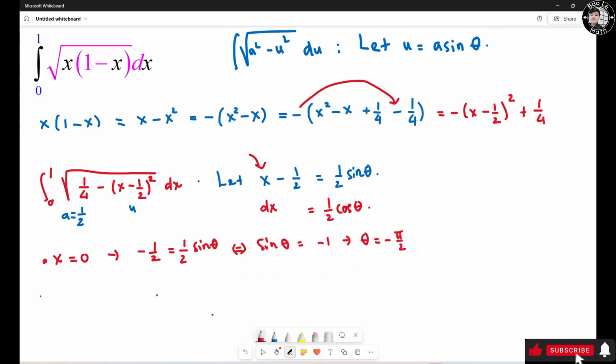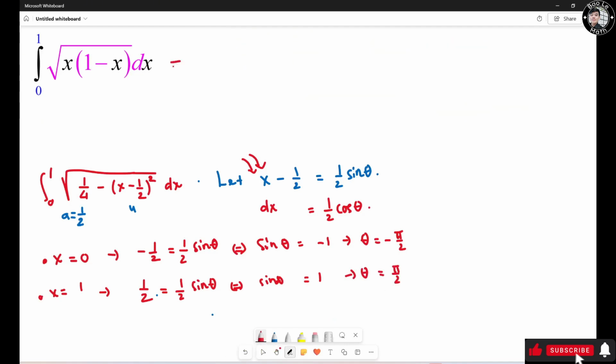Now when s equals 1, you substitute 1 for s into this one, so it turns out to be 1/2 equals 1/2 sine theta. It's the same thing as sine theta equals 1, or theta equals pi/2.